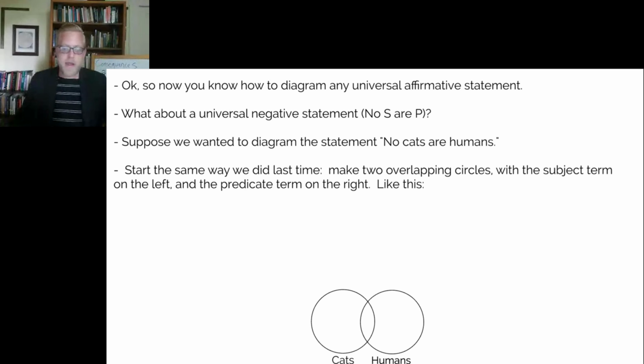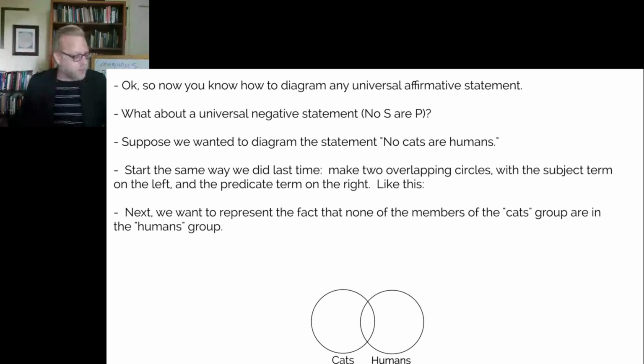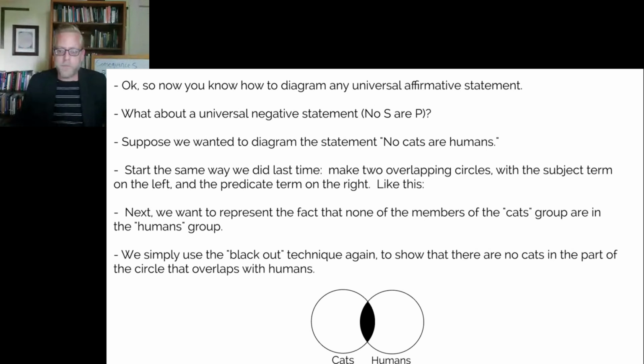Okay. Then if we want to say something about the relationship between cats and humans, which in this case is no cats are humans, we want to visually see that if you're a cat, you're in the cat circle, you can't possibly be in the human circle. And we can do that by blacking out the middle area like this. So once again, an open circle, white, this means that's where all the members are, right?